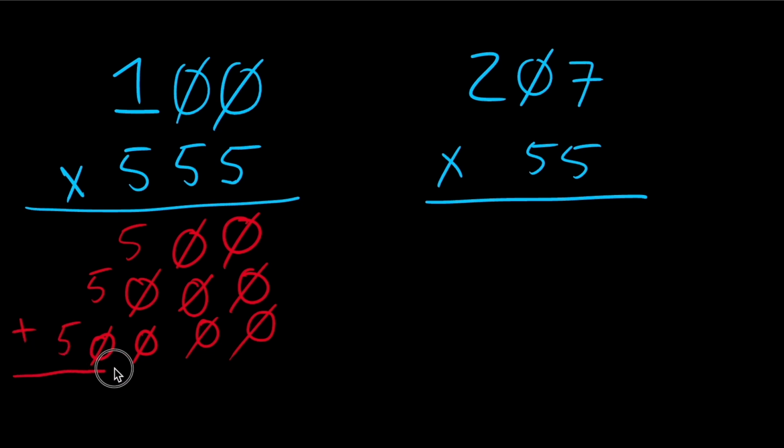And then we add all these. So 0, 0, 5, 5, and 5. So the answer is, and we did not use any digits after the decimal. The answer is 55,500.